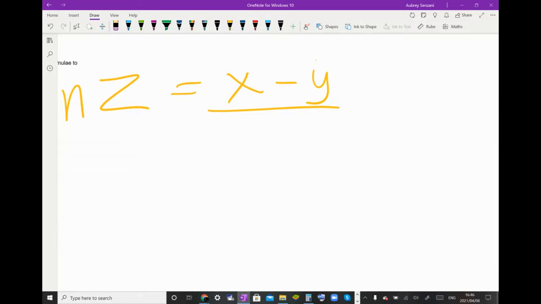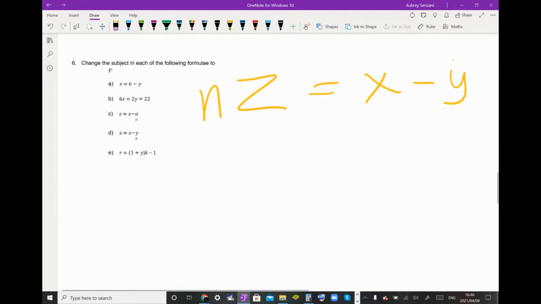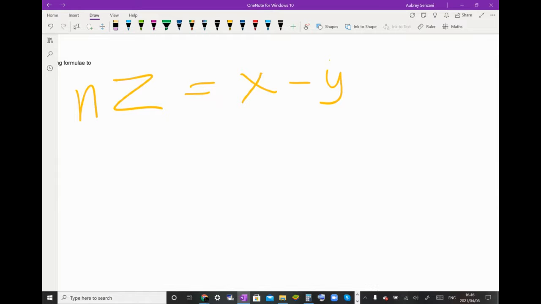I think we can also just erase that. So we have that now. Again, we want to make Y the subject of the formula. So we can throw this Y over to the other side since we are in the knack of making it positive.